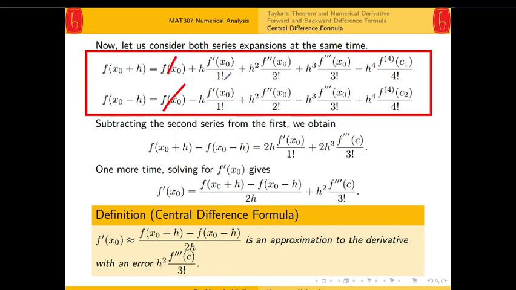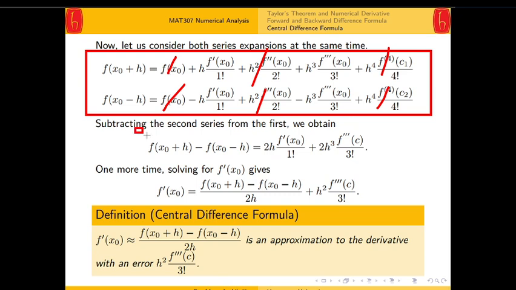This will cancel out, and here we will have 2h times the first derivative at x naught, and these two terms will also cancel out, and here we will have twice h cubed times this quantity. The rest will also cancel out, but we don't care about that.